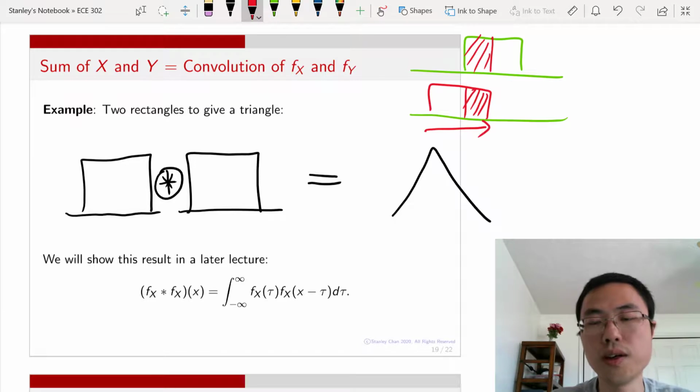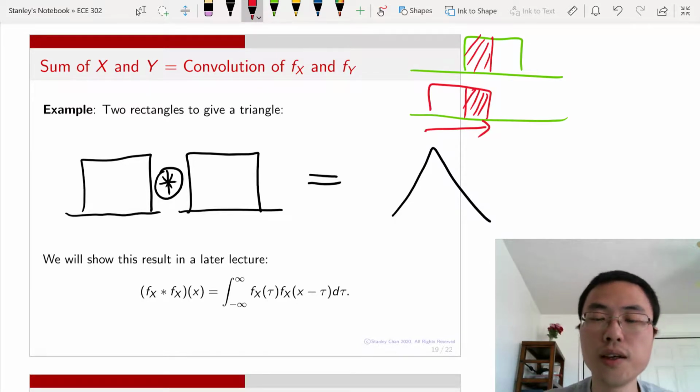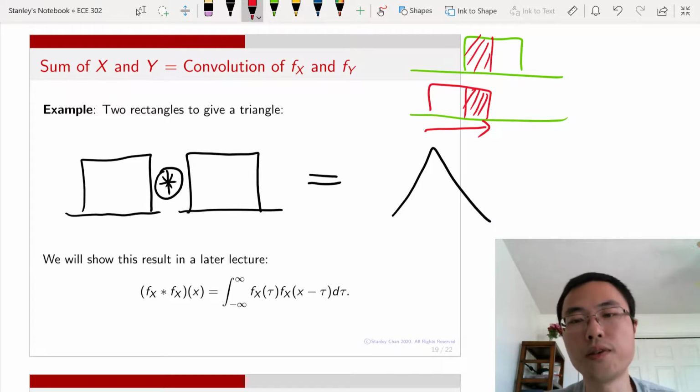So you're going to flip and then shift and then add. This operation is called convolution, something that's very common in undergraduate signals and systems textbooks.